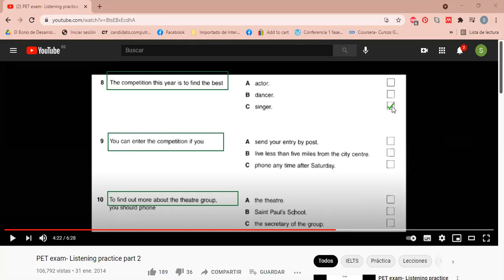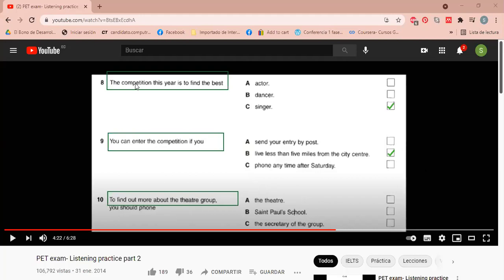Santi and Wendy say letter B. Letter B, also Tupac. That's right. You got the right option, guys. Okay, Pao is also answering letter B. They say that one of the requirements is that people live less than 5 miles from the city center. Thank you. What about question number 3?